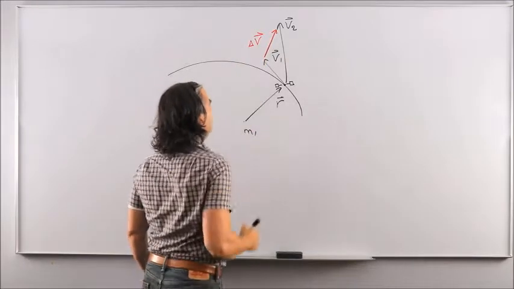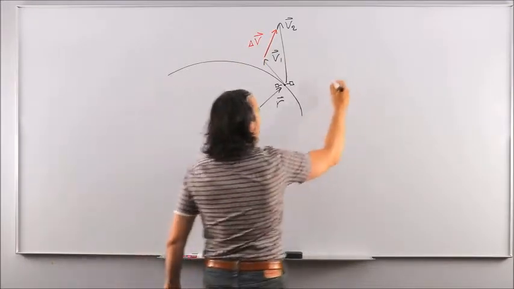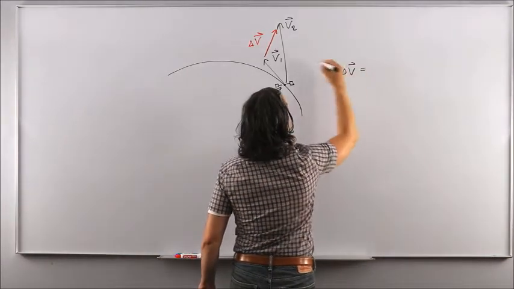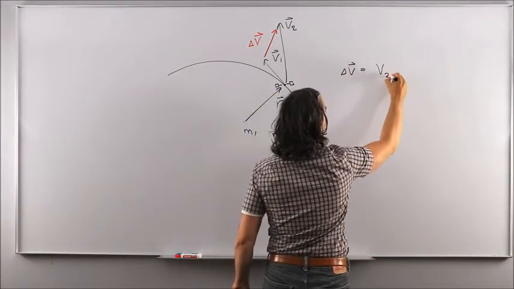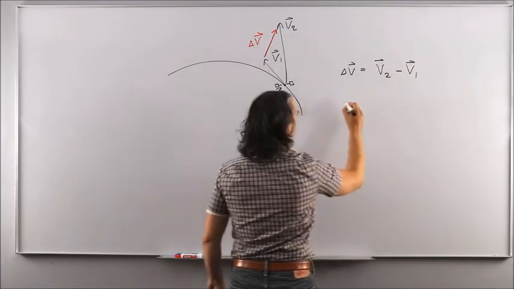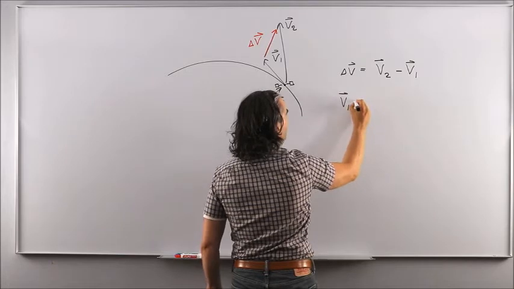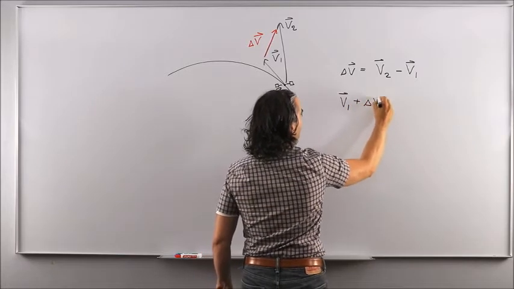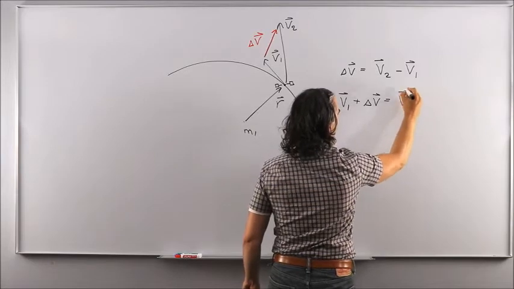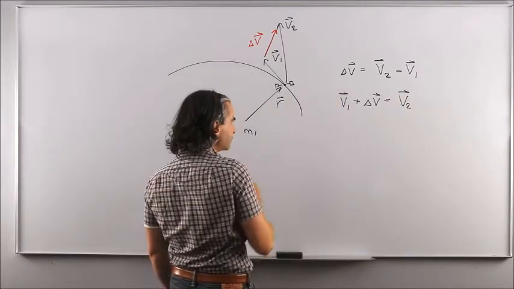This delta v is a change in velocity, so v2 minus v1; the initial velocity plus the change in velocity gives us the final velocity vector v2.